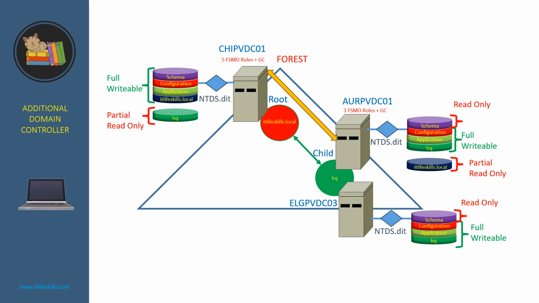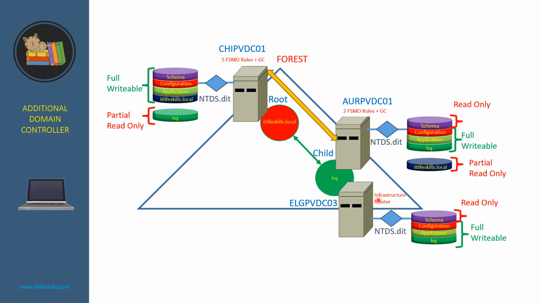Therefore, the next logical step is to move the infrastructure master role from OPVDC01 to LHPVDC03 to make the infrastructure master role function in the domain hq.itlifeskills.local.